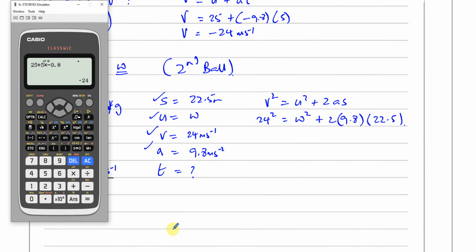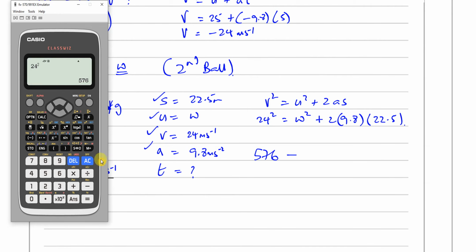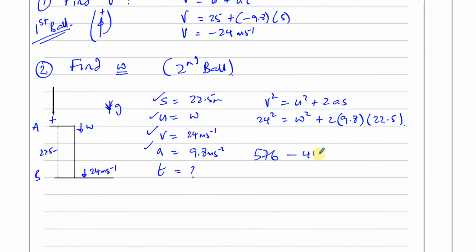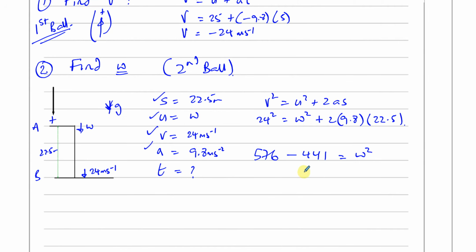So 24 squared is 576, minus 2 times 9.8 times 22.5, which is 441, equals W squared. 576 minus that gives you 135. So W squared equals 135.